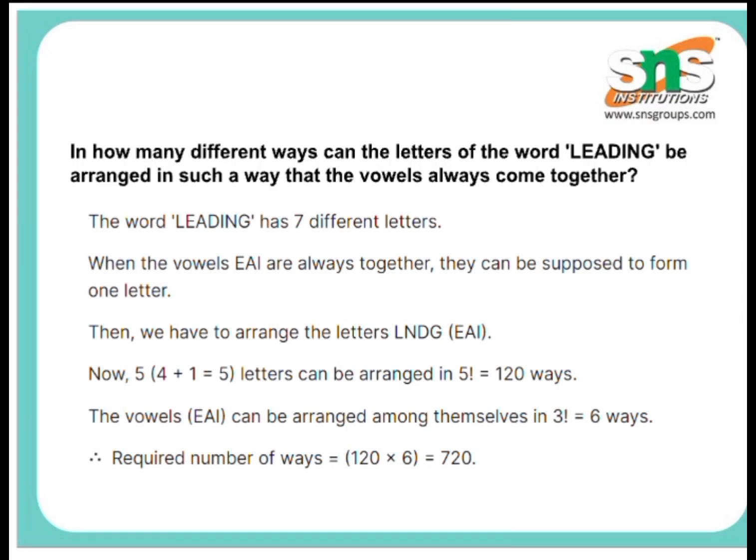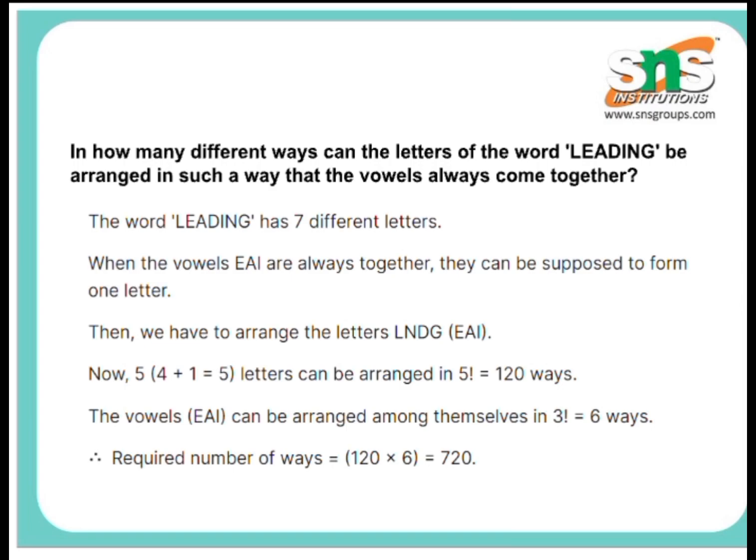The vowels E, A and I are arranged among themselves, because it can be E, A, I or I, E, A, so it has different arrangements. So we take it as 3 factorial, 3 into 2 is 6 ways. Now our required number of ways will be 120 into 6, which is equal to 720.